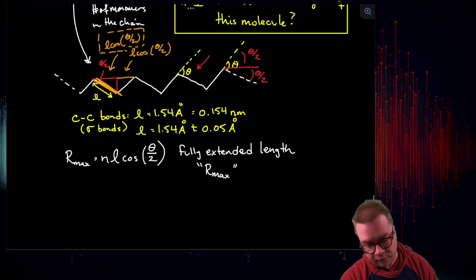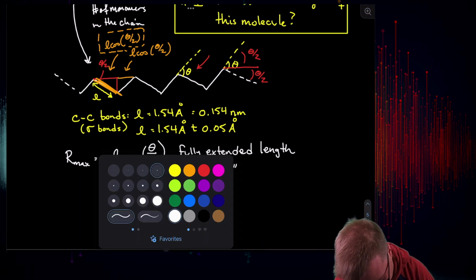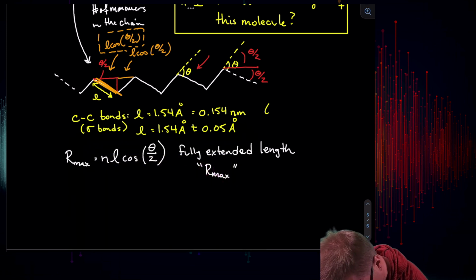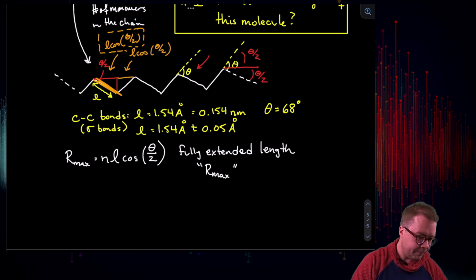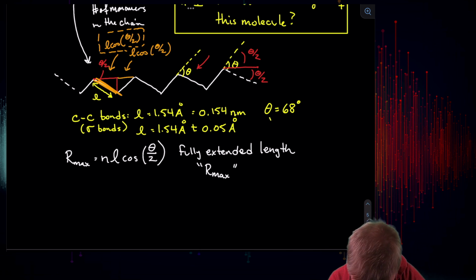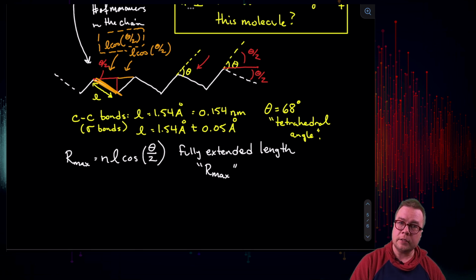Now, it turns out that for carbon-carbon bonds, this angle is well known. So this theta is about 68 degrees. It's what we call the tetrahedral angle. Okay, so now we've got a measure.